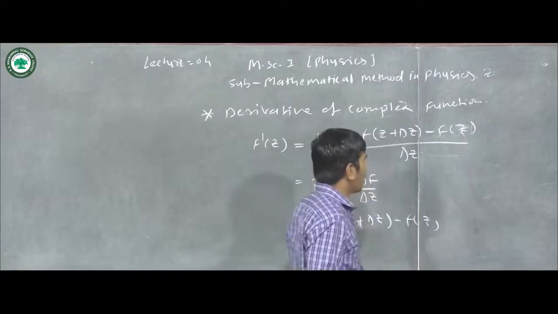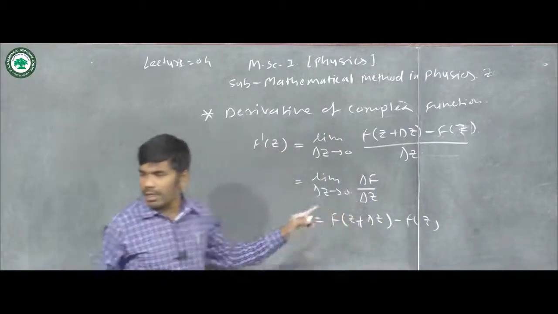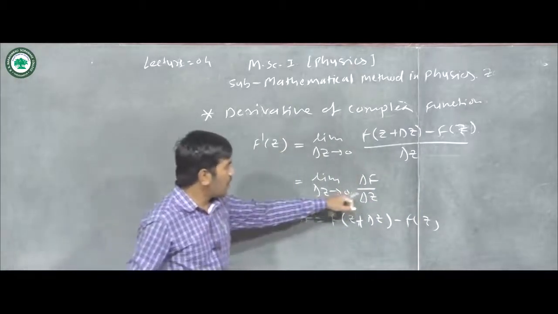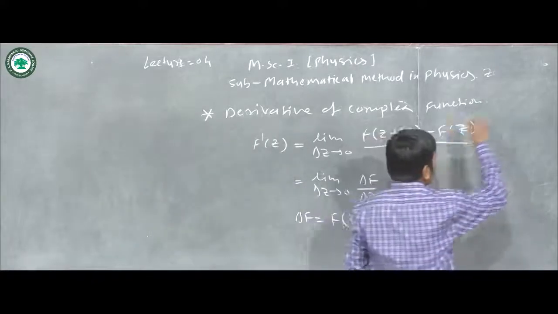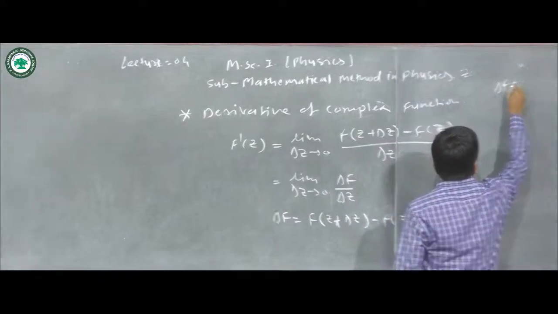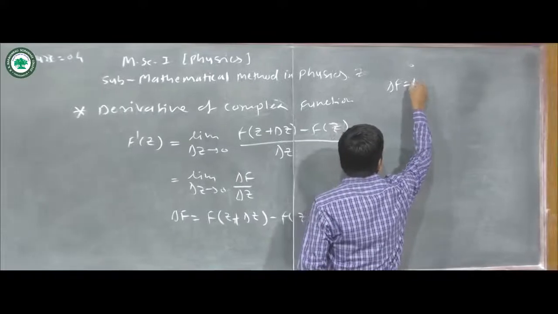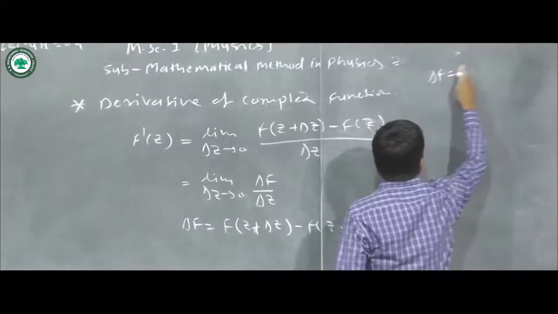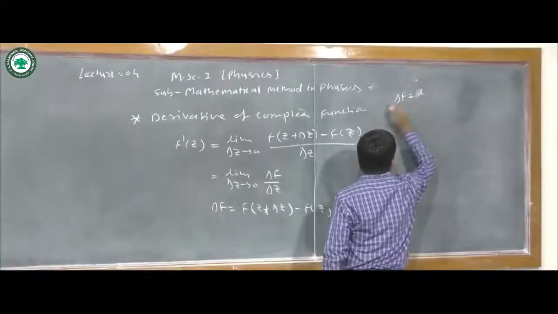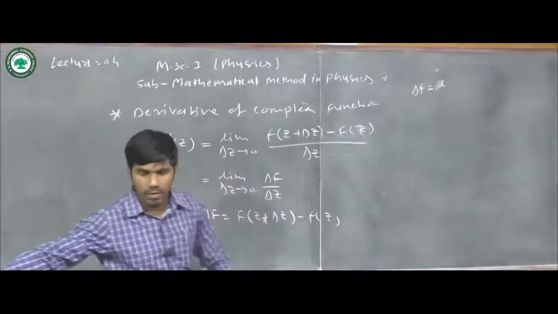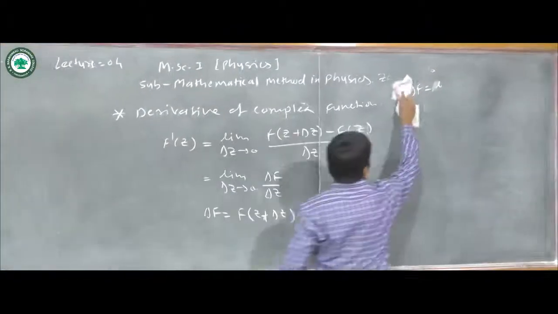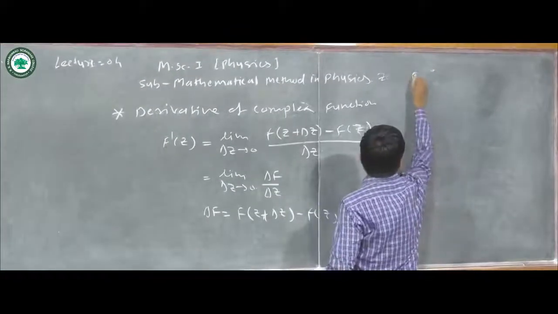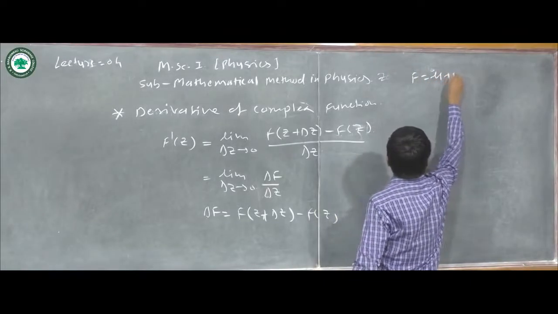Now we know that in the w plane, if we change this z, in the w plane, f is equal to u plus iota into v.